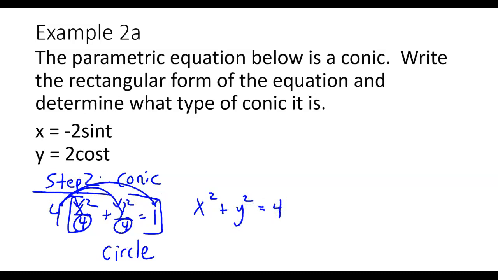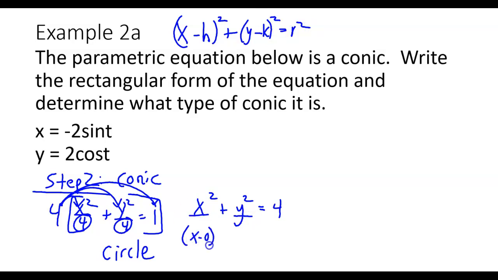Now, if you have an ellipse, you don't need to do that step. Furthermore, the equation of a circle looks like this, right? (x minus h) squared plus (y minus k) squared equals r squared. So notice I don't have anything being subtracted from the x or the y, so that means those are zeros.